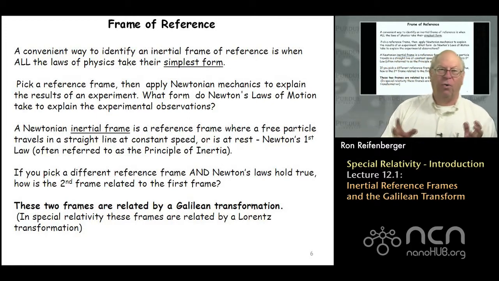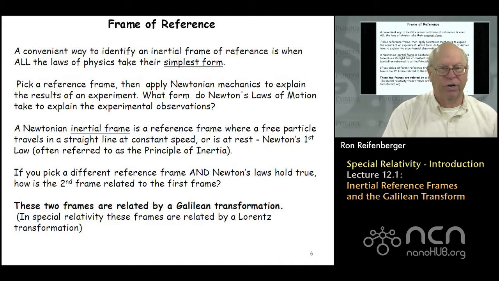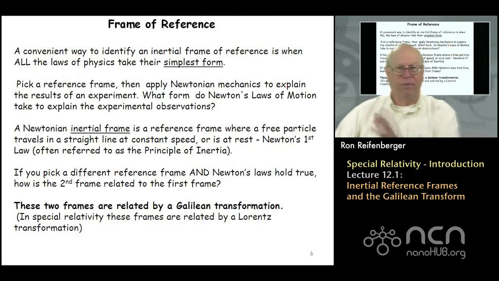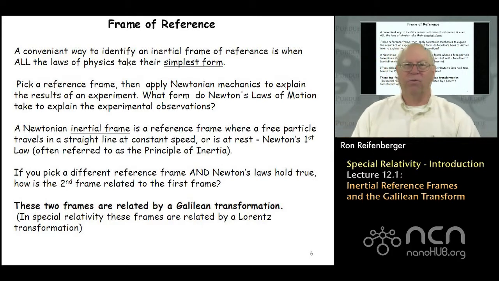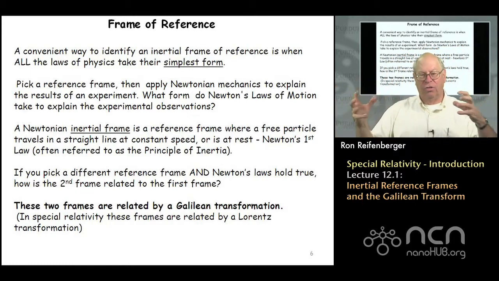There's an interesting question. If you pick one inertial reference frame and you do all your experiments in that, and a friend of yours picks a different inertial reference frame and does his experiments in that second frame, how are the 2 reference frames related to one another?